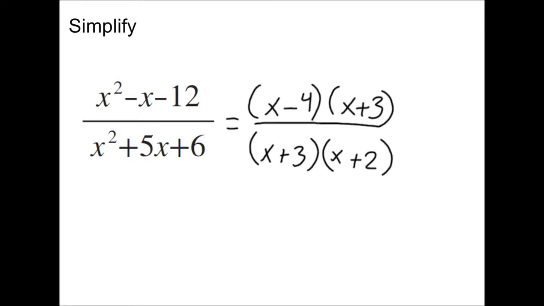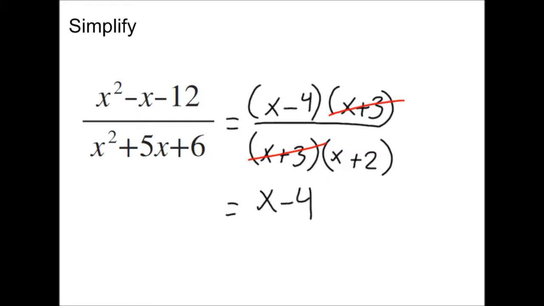Now, since they're in parentheses, in between the parentheses is multiplication, now I can actually try to get rid of these things as I see if they match on top and bottom. I have an x plus 3 on top and an x plus 3 on bottom, so I can go ahead and reduce those. Now those two are gone, and let's write the leftovers.